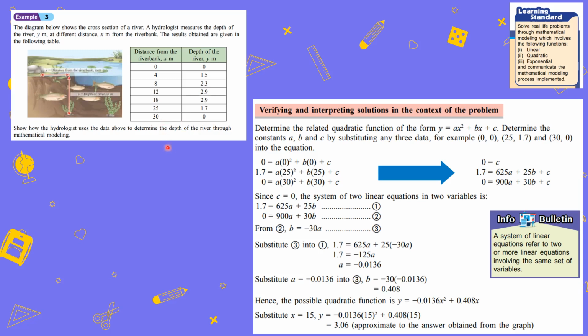Since this is a parabola graph, the middle is the deepest. So the middle of the data x from 0 to 30 is 15. That is why we substitute x equals 15 to find the deepest point of the river. And we will get 3.06, approximate to the answer obtained from the graph.